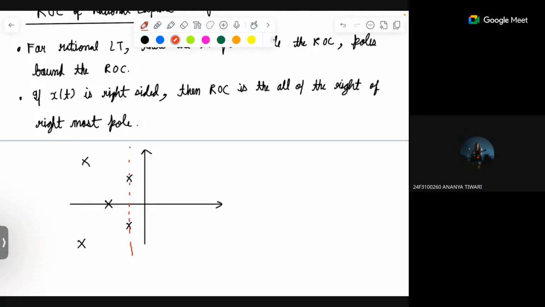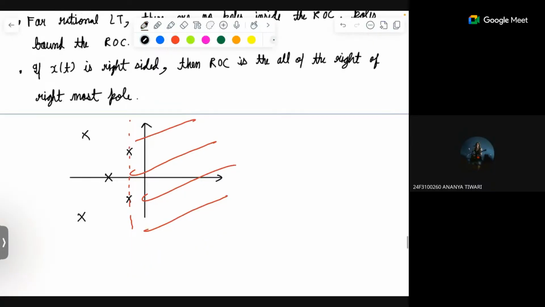Are you able to see that these are the rightmost poles? So if x(t) is right-sided, then the ROC is all of the right of the rightmost pole. So this is the ROC in this case.